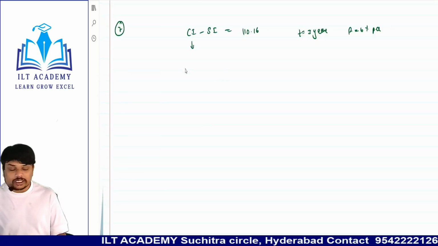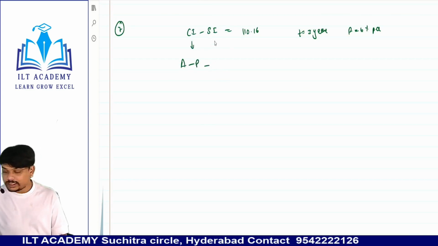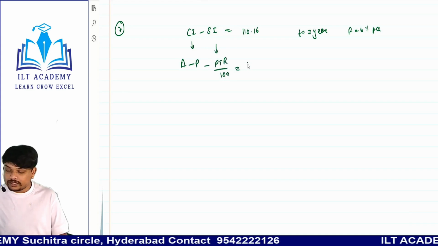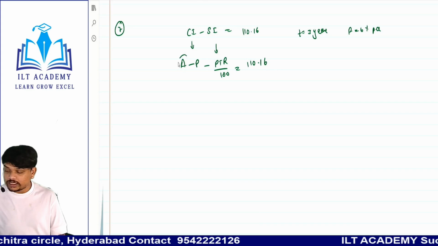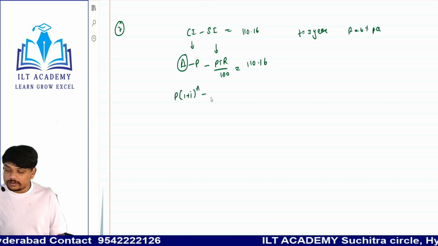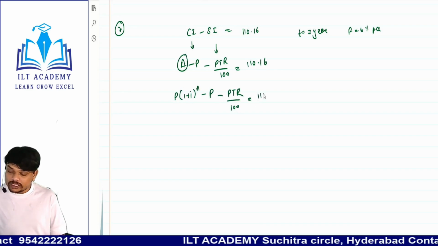What is the formula for compound interest? Amount minus principal, minus simple interest. The simple interest formula is PTR upon 100. The difference is 110.16. Now the amount formula is P into (1 plus I) whole power n, minus P, minus PTR upon 100, is equal to 110.16.